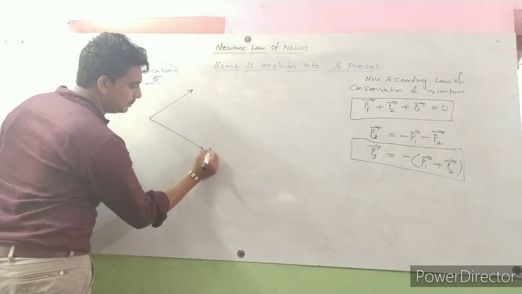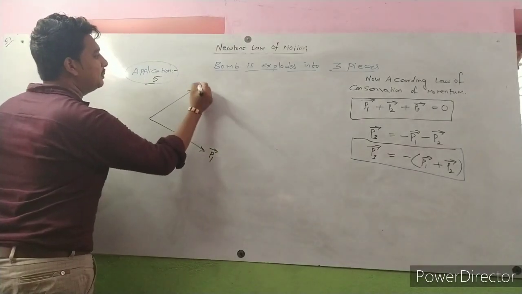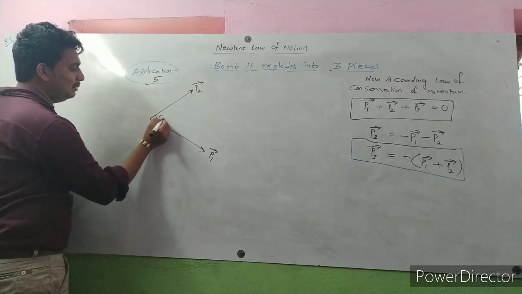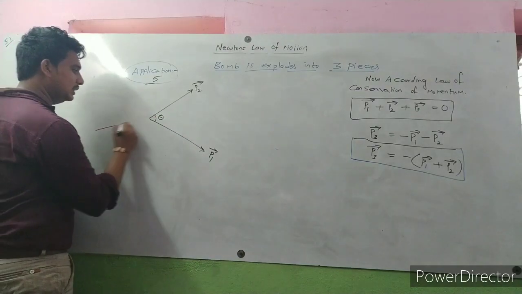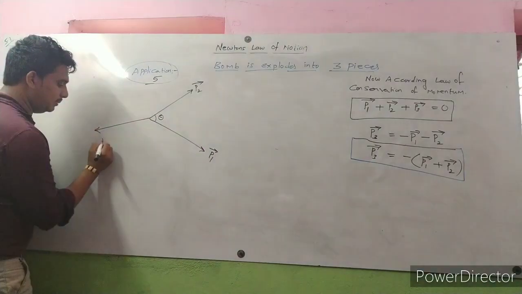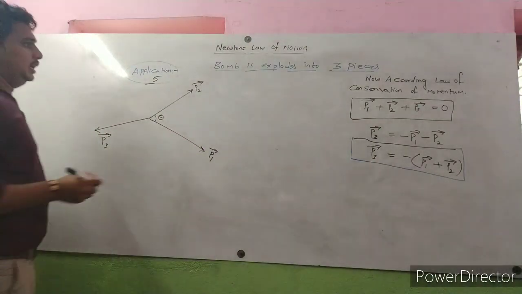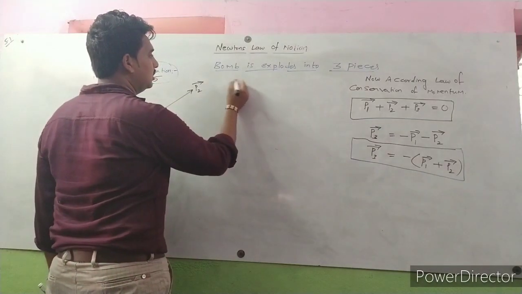I consider this as P1 bar and this as P2 bar. After explosion, two parts make an angle. The angle between the two parts is theta, and this third part I consider as P3 bar.